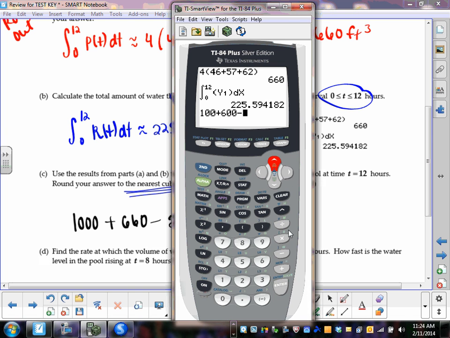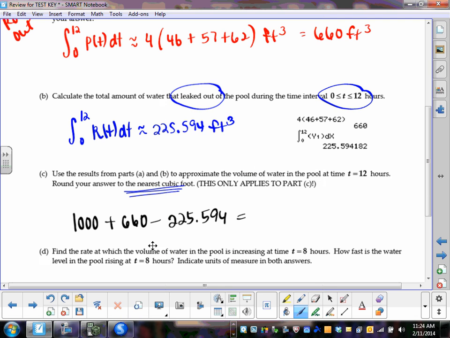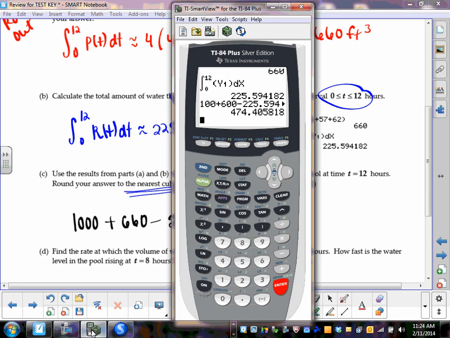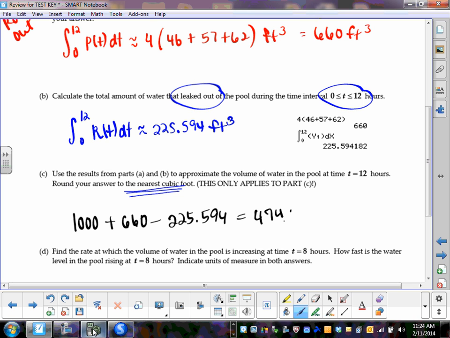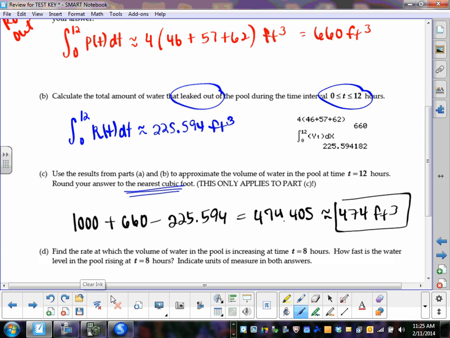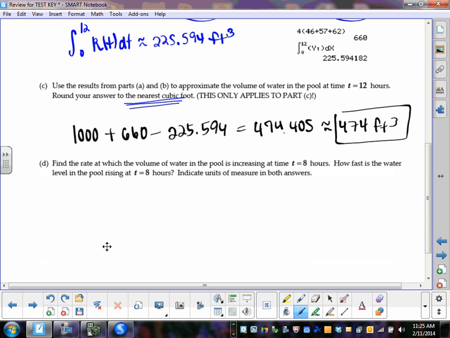Minus that previous value, 474.405. So that means it's approximately 474 cubic feet are remaining at 12 hours. So we're losing much more than we're gaining, depending upon how much time passes by.